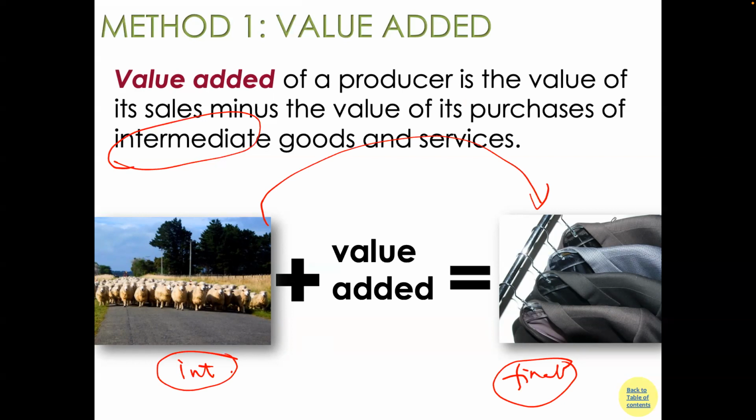There's double counting. Let's put some numbers there, just to simplify. Say that's the only thing we produce: we have a farm to raise lambs or sheep, and a factory to make clothing. That's the only business we have in our economy.